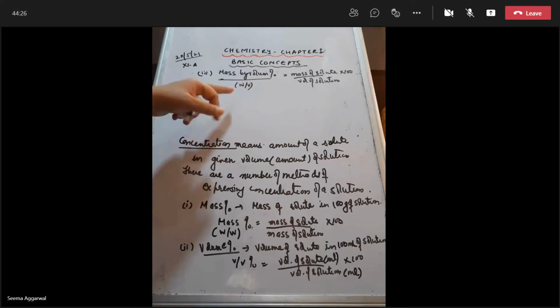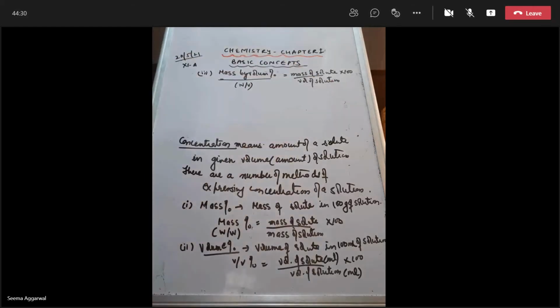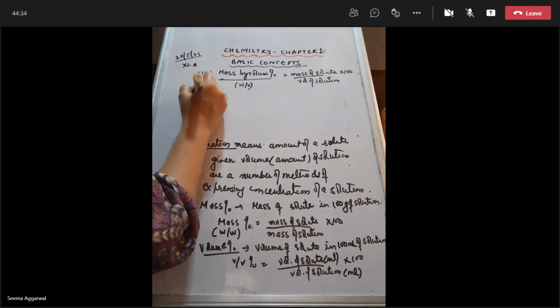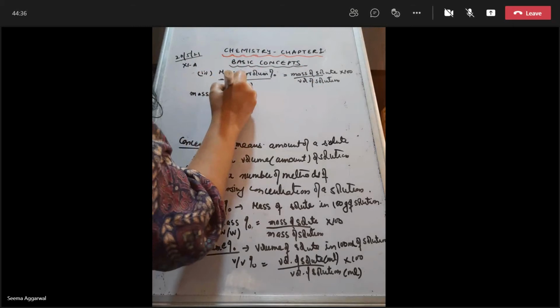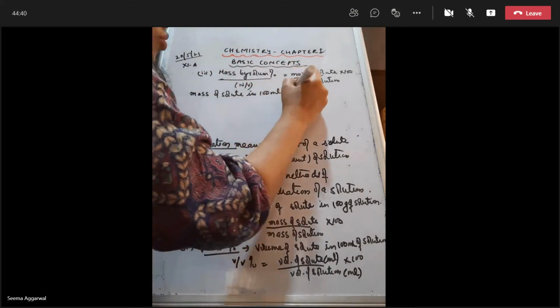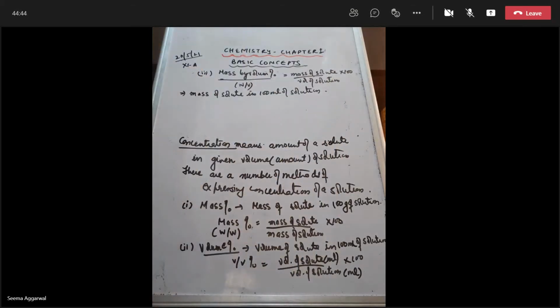Or if you want the definition, it means the amount of solute in a given volume of solution. It means mass of solute in 100 ml of solution. Okay, I have defined it also. Mass of solute in 100 ml of solution. So first is mass percent, then volume percent, then mass by volume percent.